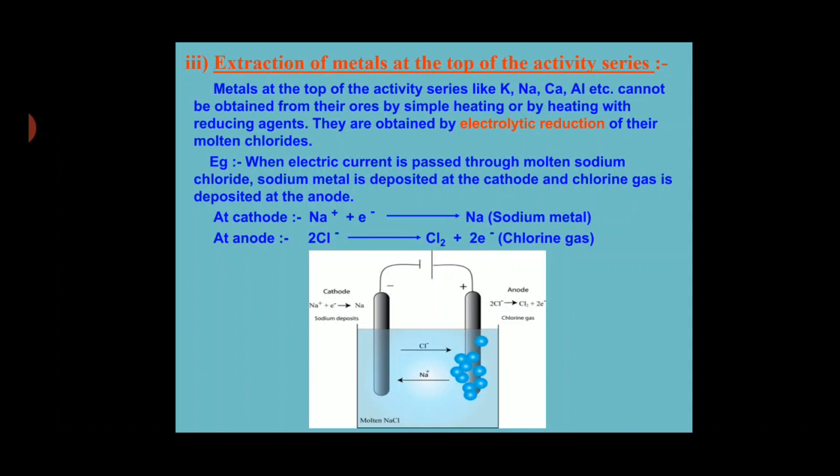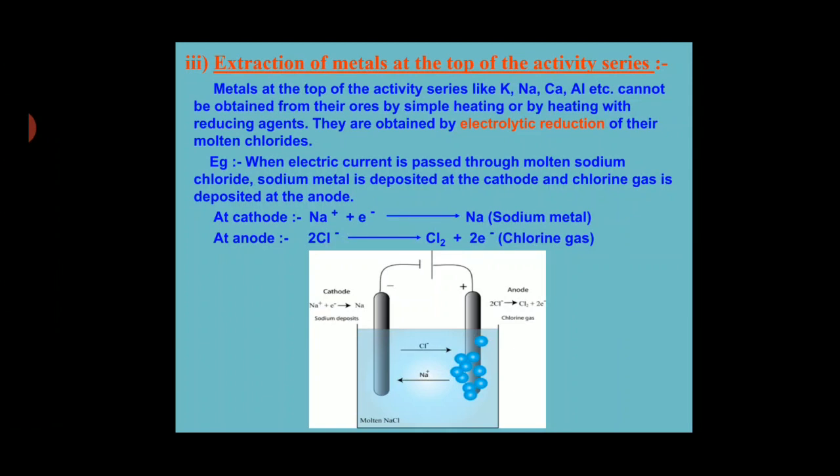Highly reactive metals are so reactive that they never exist in free form. They are always present in combined form. So if we do the normal extraction process for these kinds of metals, they immediately combine with atmospheric gases and form a compound. So in order to avoid this, we use the electrolysis process.